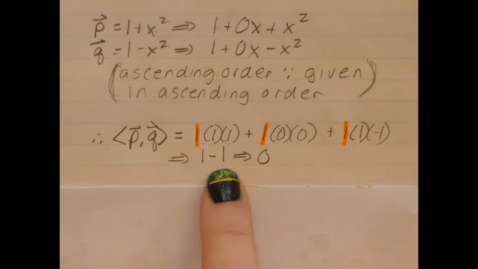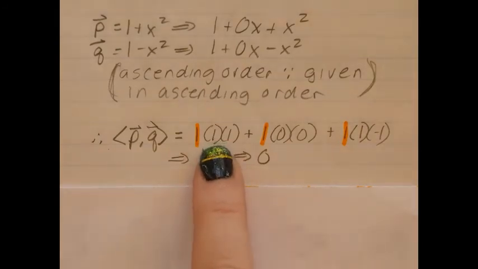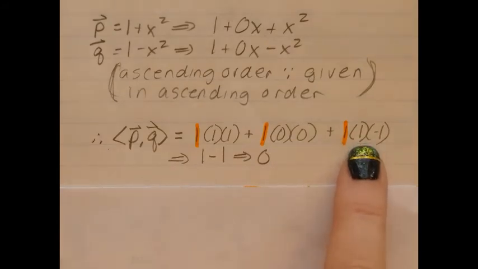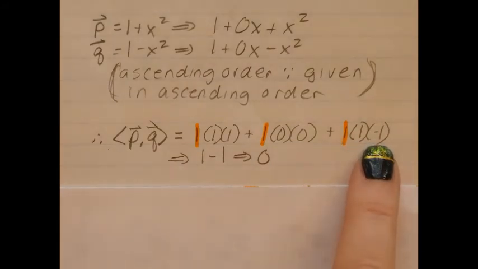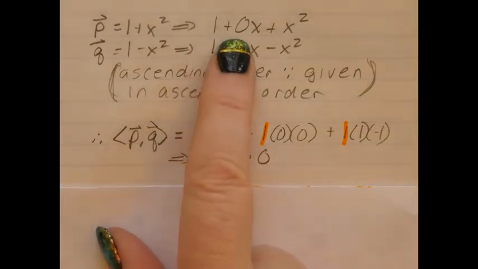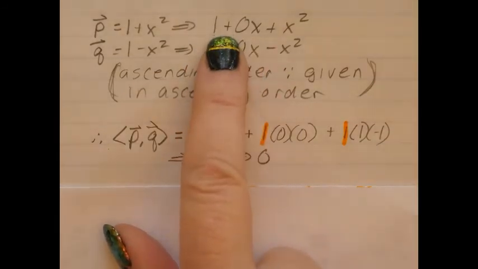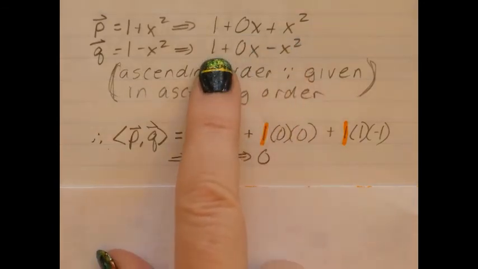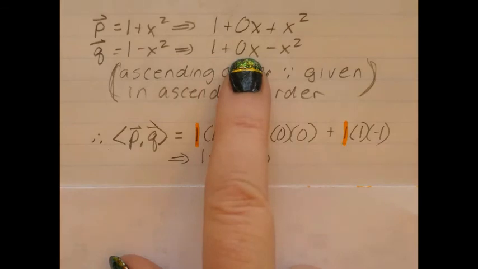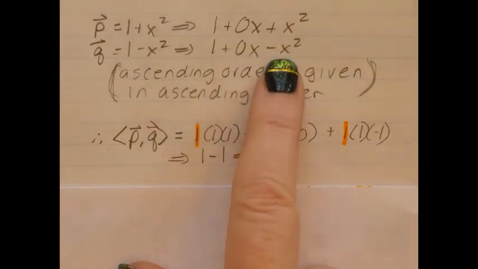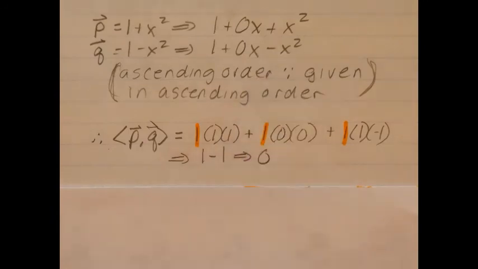And then you just add or subtract like normal, making sure that you have your p sub naught, q sub naught, p sub 1, q sub 1, p sub 2, q sub 2. That's it. Your p sub 2 coefficient is 1, and you got your q sub naught, your q sub 1, and your q sub 2, which is negative 1.